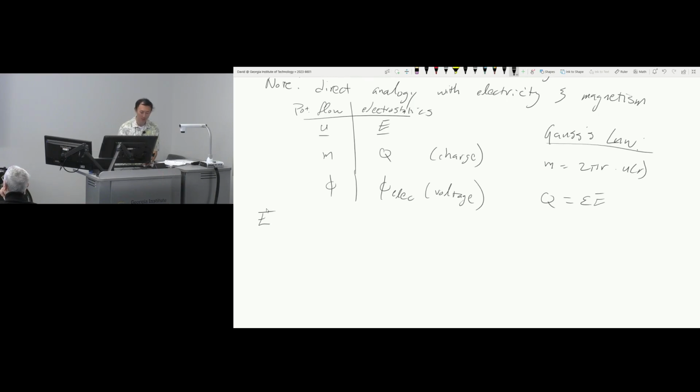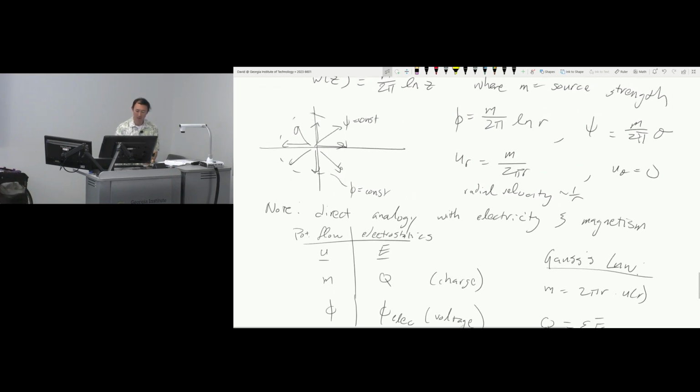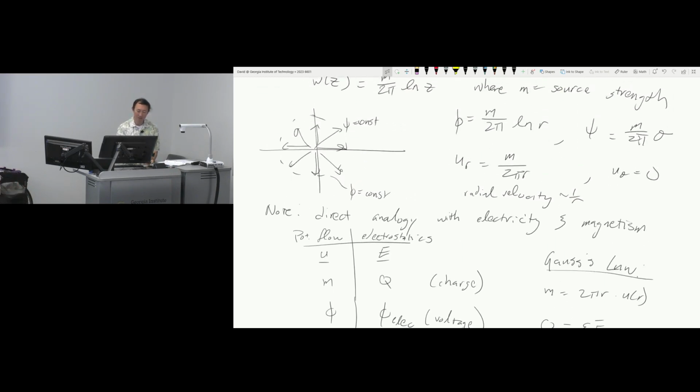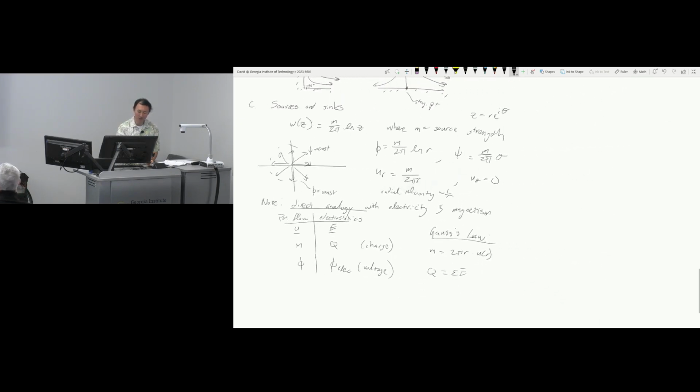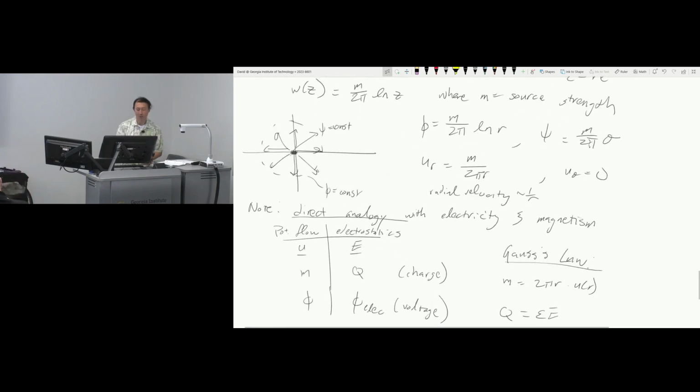What if I don't understand the comparison with the sources and the sinks? Well, this analogy isn't just for a source and sink. It's true for all potential flows. But for sources and sinks, imagine I've got the little dot here. In 2D, it would be like if I wash my dishes, and I have a jet from my faucet hitting the plate, and then all the fluid's going out.